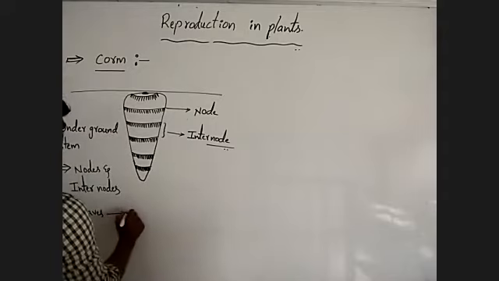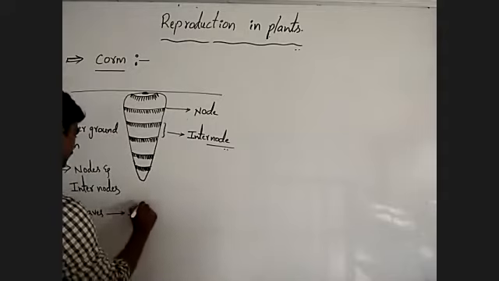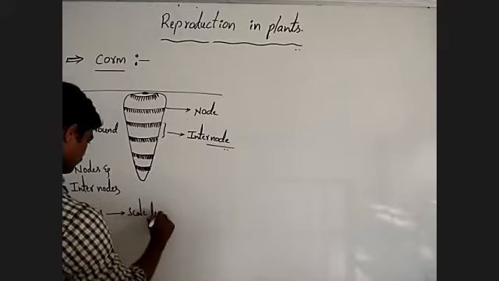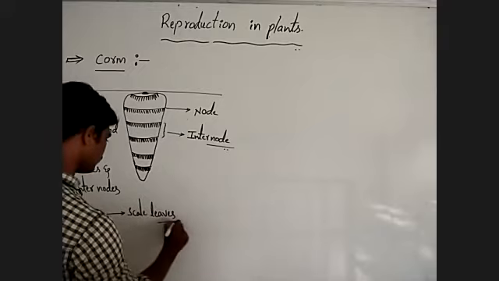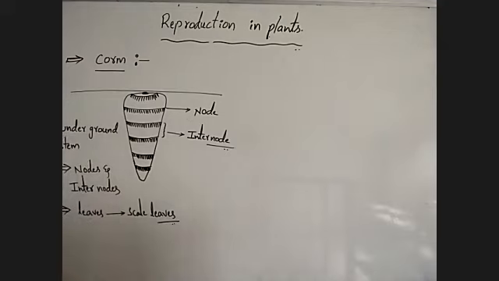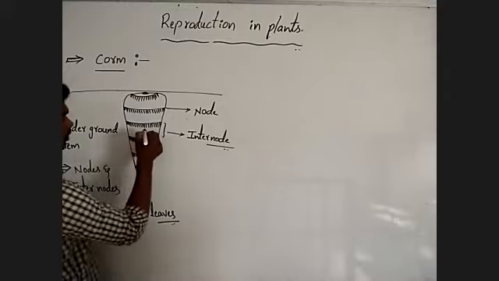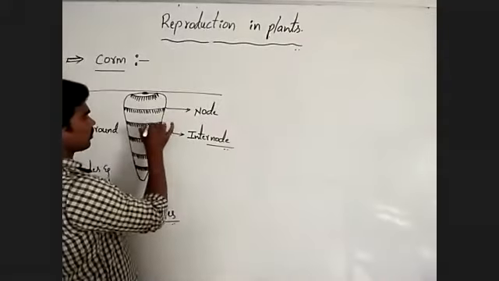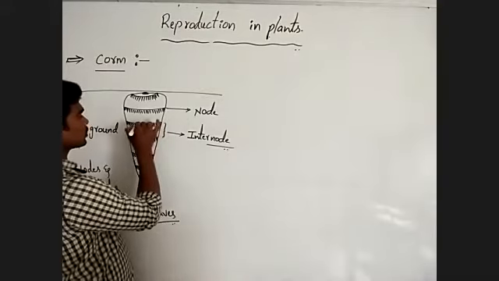They are called usually scale leaves. Observe, scale leaves, very small structures.